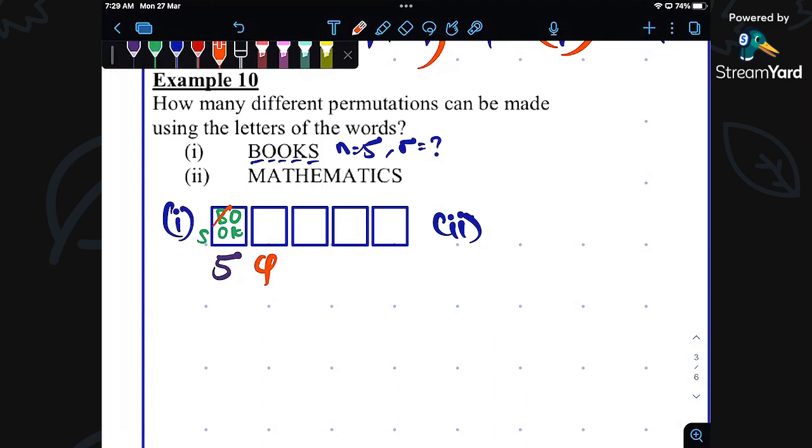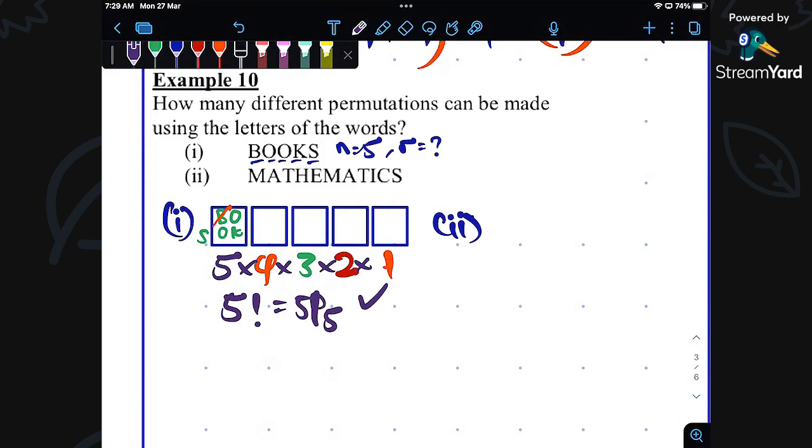If you cut one of it, 3 are left, then 2, then 1. So when you multiply all of them together, it will give you 5 factorial, or 5P5.